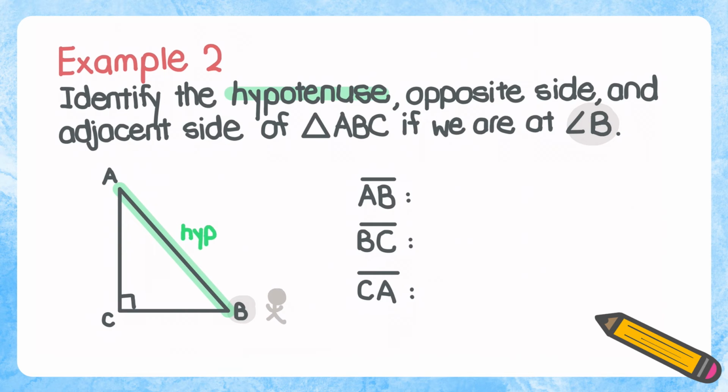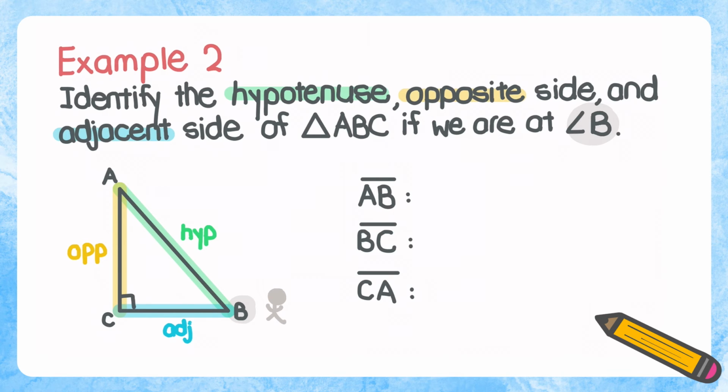So this is our hypotenuse right here. But what about our opposite side? This side right here, side AC or side CA, is now our opposite side. And lastly, our adjacent side is this side right here, the side right next to us.